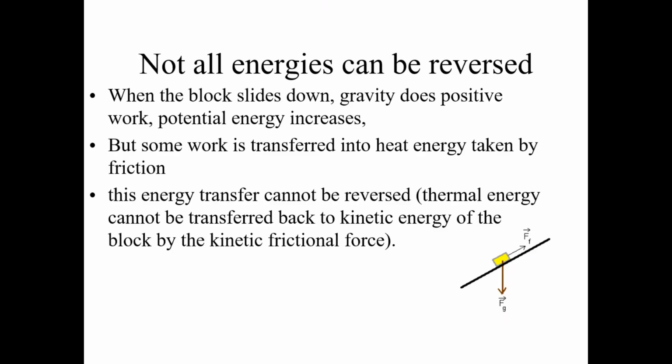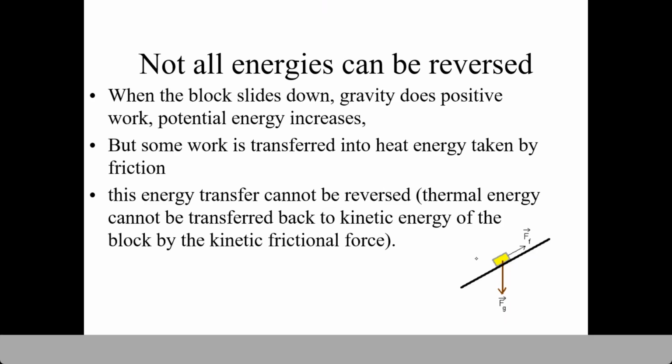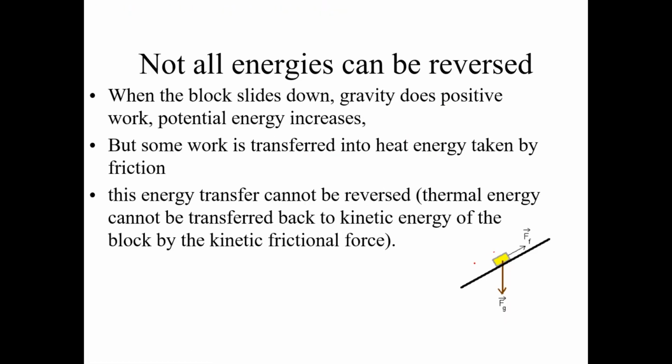I want you to focus on heat energy in particular, which we can encounter a little bit in this chapter because we see it as lost energy. As the block in the figure, for example, slides down, gravity does positive work and potential energy decreases. Let's say the speed here is downwards.